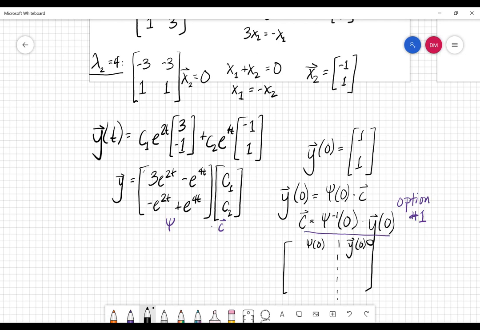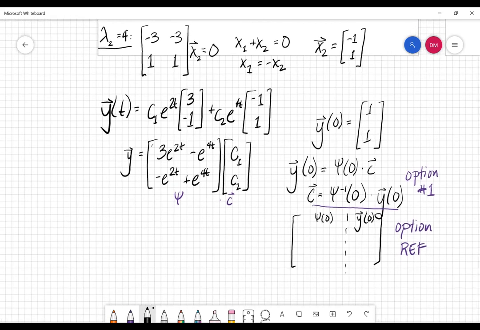I meant psi of 0 here, and you augment it with y of 0 there. If you do some row operations and then you solve there, it's essentially solving for C1, C2 when you do that. So option number 2 here is a little reduced echelon form to solve that matrix equation. All right. So that's just kind of a quick review of that.